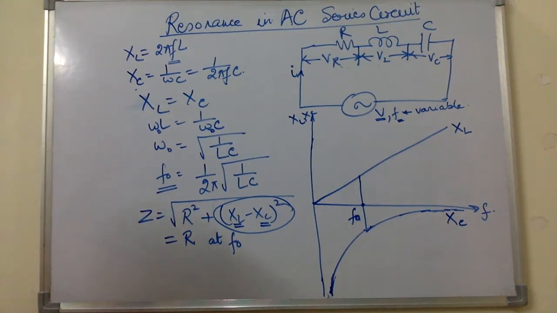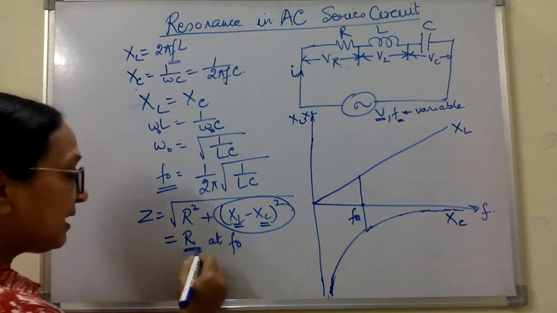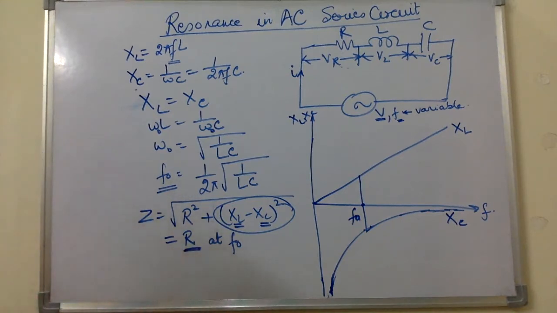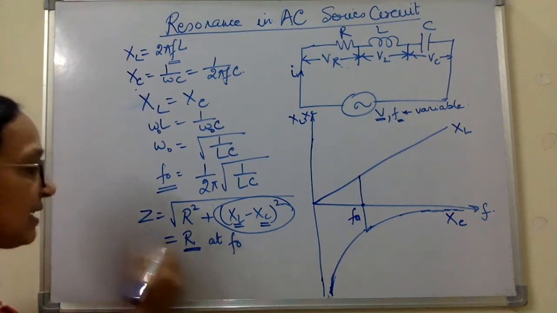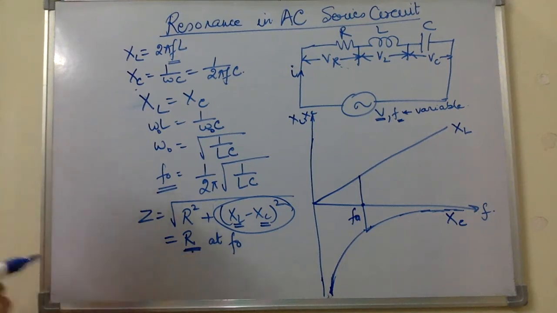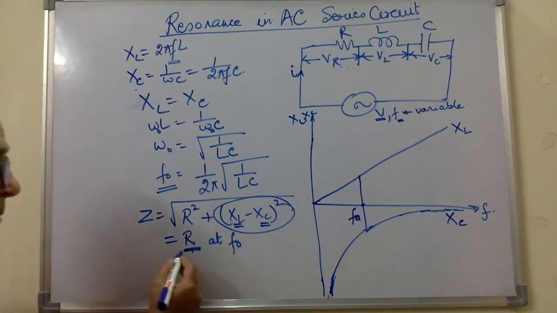The inductive reactance and the capacitive reactance, they cancel each other, and the resultant impedance is only the resistance of the given circuit. This means that at resonance, the impedance is minimum and it is resistive in nature. Why minimum?